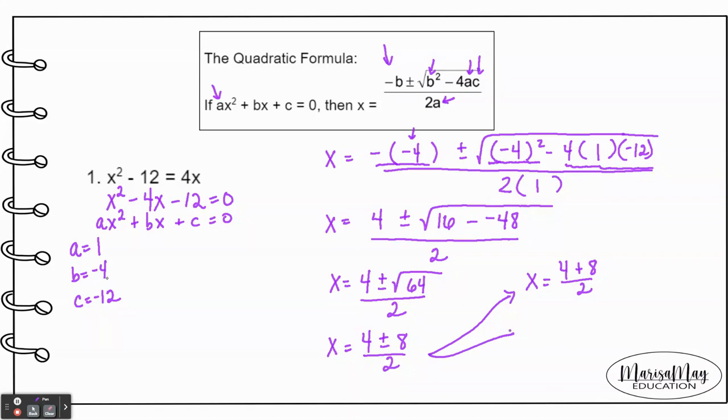And one of them is x equals 4 minus 8 divided by 2. So 4 plus 8 is 12, divided by 2 is 6. And then 4 minus 8 is -4, divided by 2 is -2. So my solutions here, x equals 6 and -2.